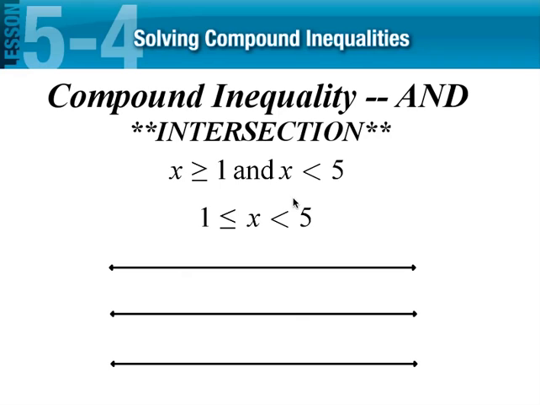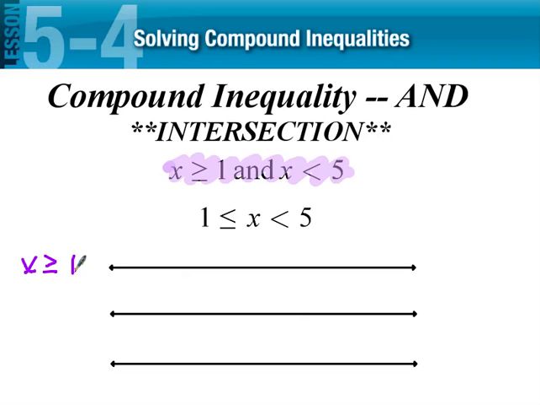And so first of all, what we're going to do is we're going to look at how would we graph this inequality right here. Okay. How would we graph this inequality right here? And so notice I have 3 number lines. On the first number line, I'm going to graph x is greater than or equal to 1.